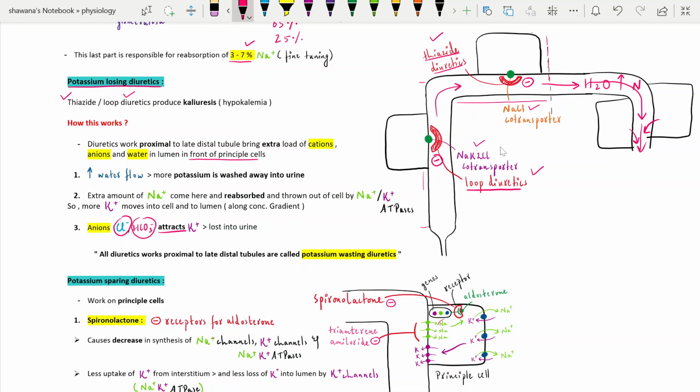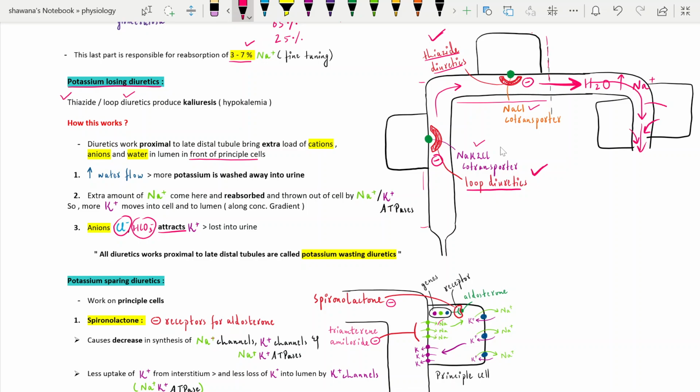The extra amount of sodium will come here because under the influence of loop diuretics and thiazide diuretics, the sodium has not been reabsorbed. So where does the sodium go? Of course, forward in the tubular fluid. So an extra amount of sodium is present in front of the principal cell, and it will cause sodium reabsorption along the concentration gradient.